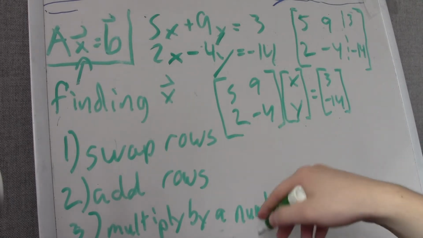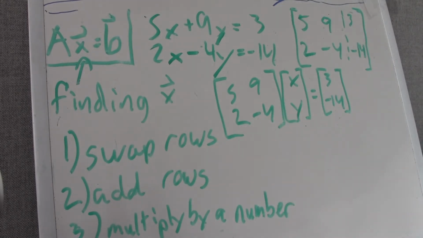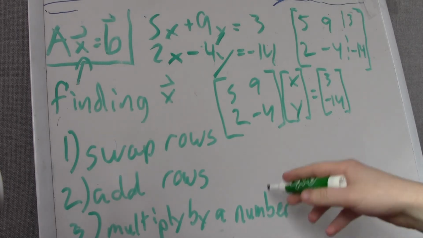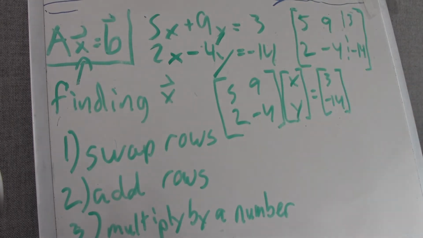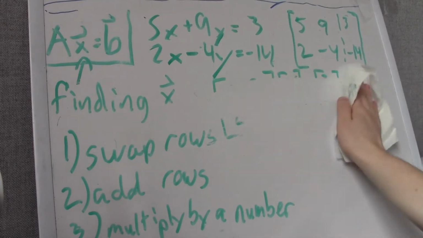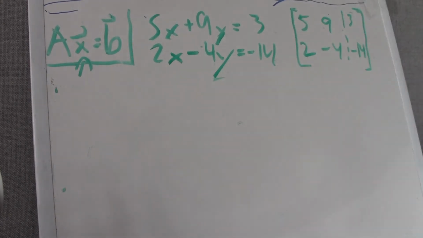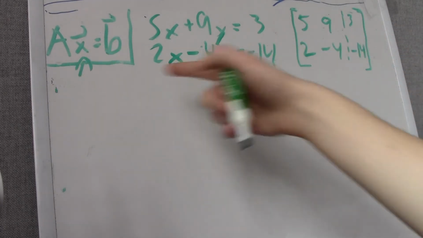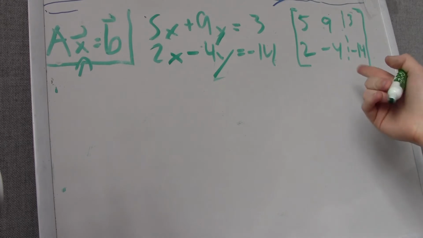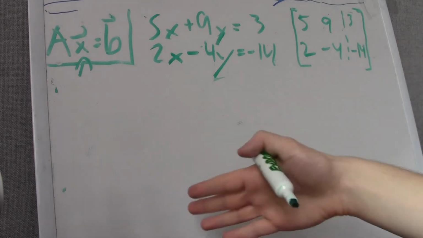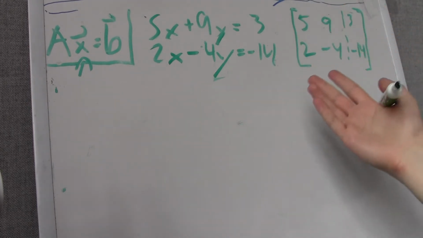So, using these three operations, we're going to solve this system of equations, which is this augmented matrix. So let me just walk you through that right now. To solve, what we want to do is make the A part equal the equivalent of 1, because anything multiplied by 1 is itself.